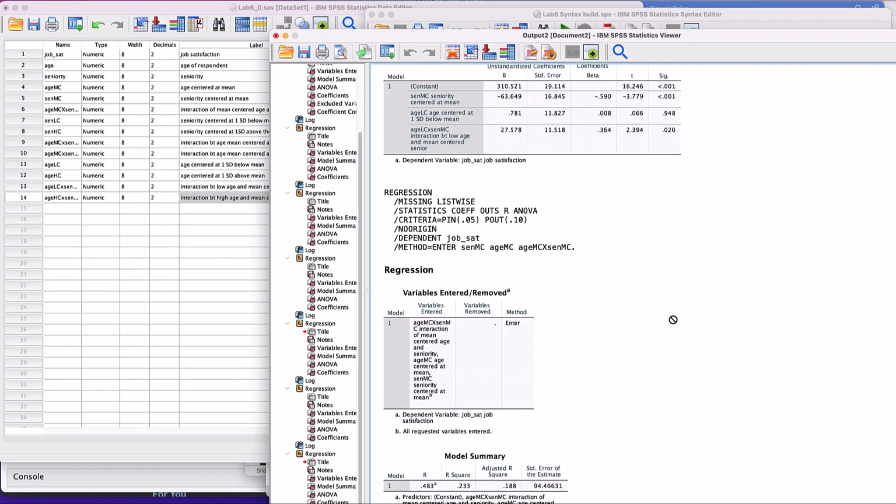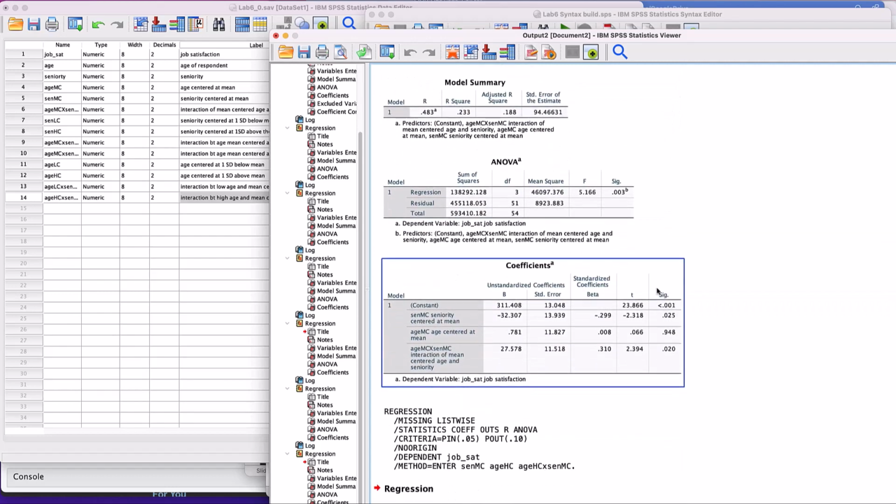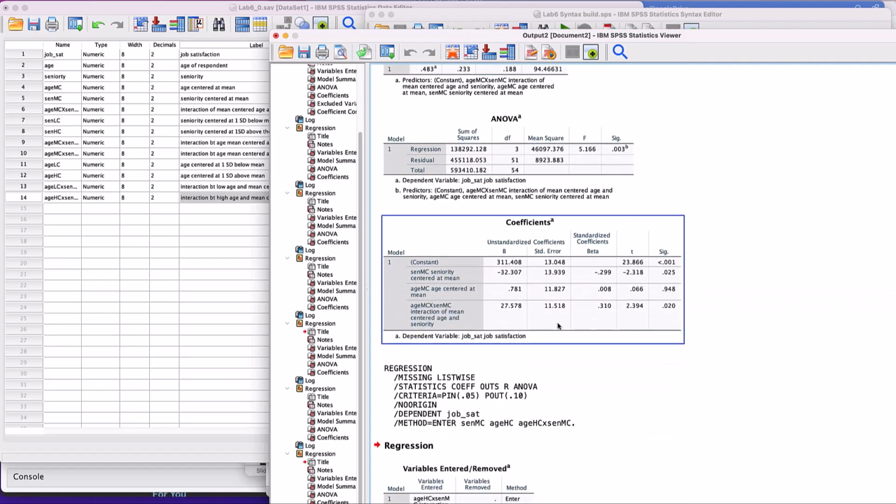So now let's look at the coefficients for average. So average age, average seniority, we're only considering our focal predictor there. So at average age, seniority was still a significant impact on job satisfaction.